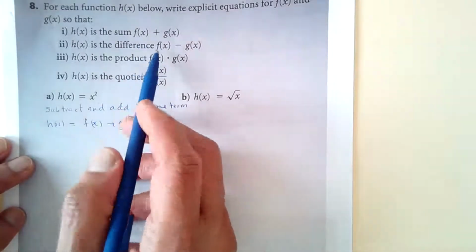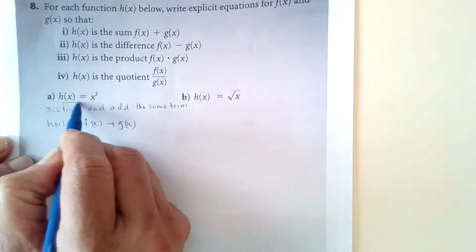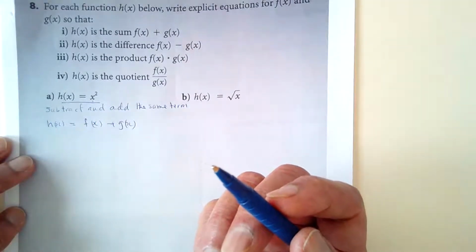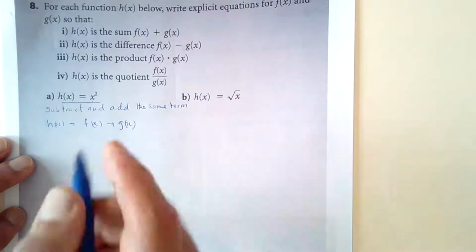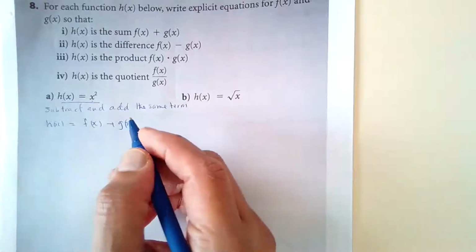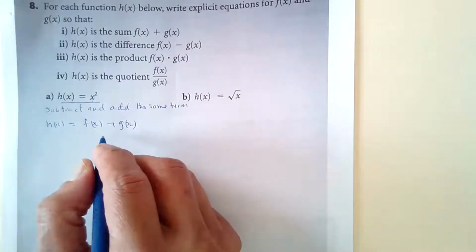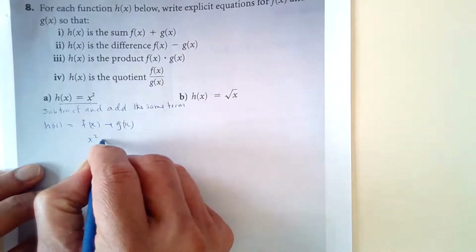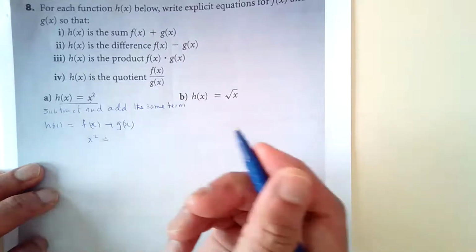So we have f of x as x squared. If we add and subtract, in this case, we have x squared plus, and then we subtract it.